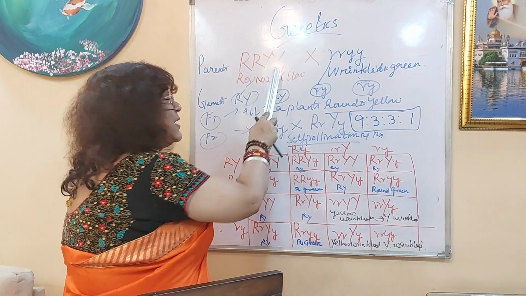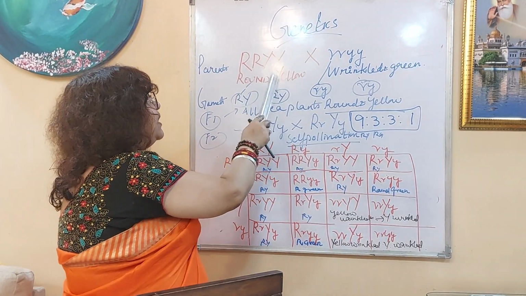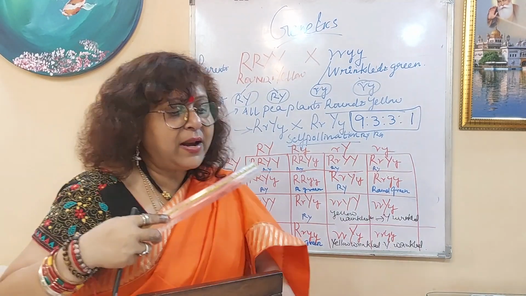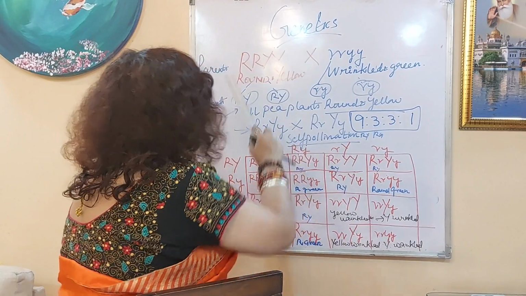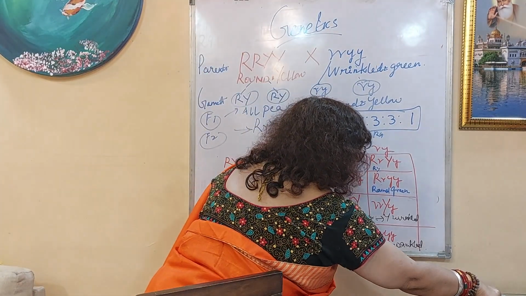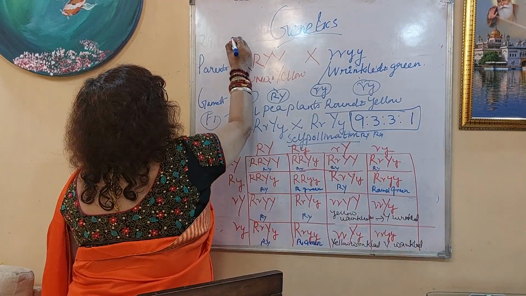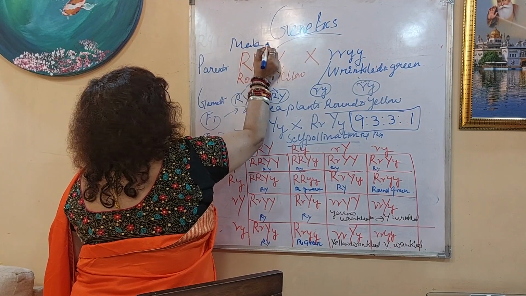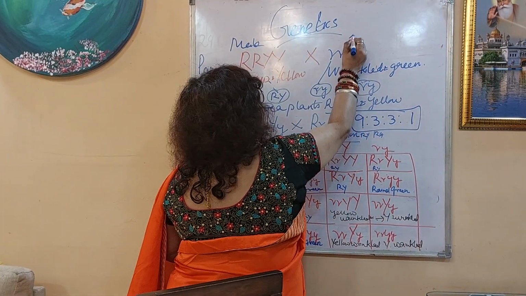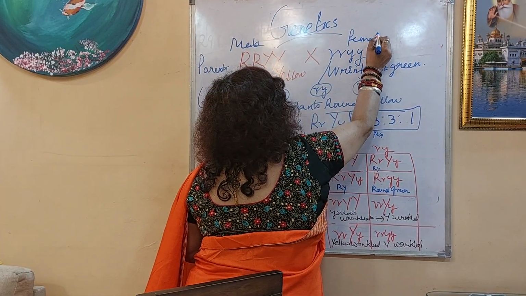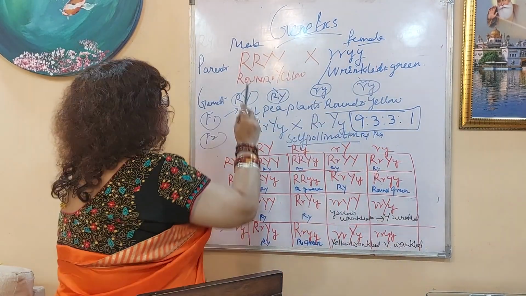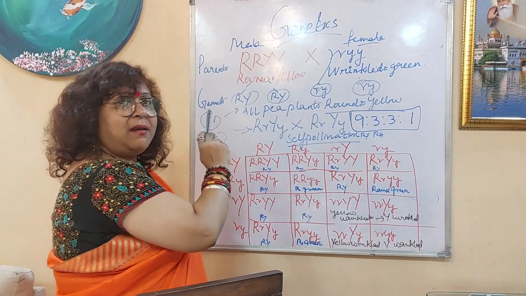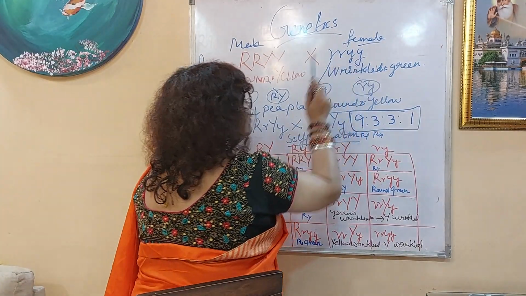You can take 2 sets of characters: round and yellow as the male parent, and wrinkled and green as the female parent.